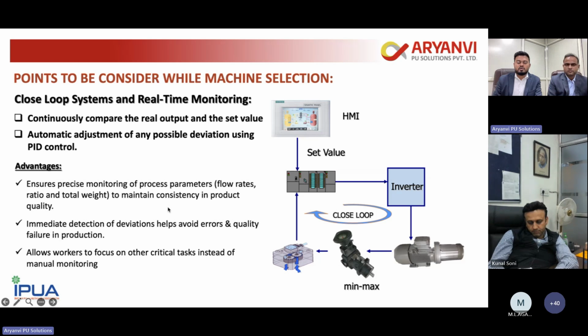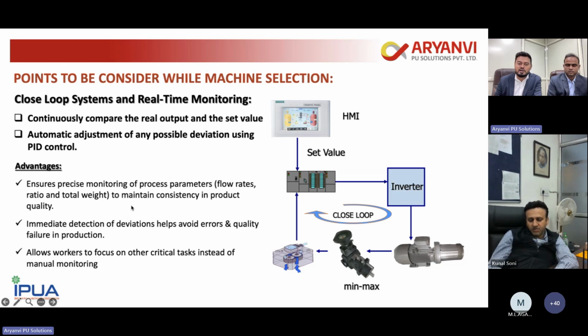Because of this automation, this closed loop system, the machine is adjusting so many parameters by itself without even human intervention. Because of this, the worker can focus on other critical tasks which can help in improvement of the production and the capacity and all these things.